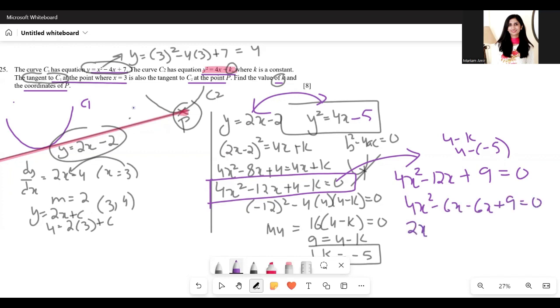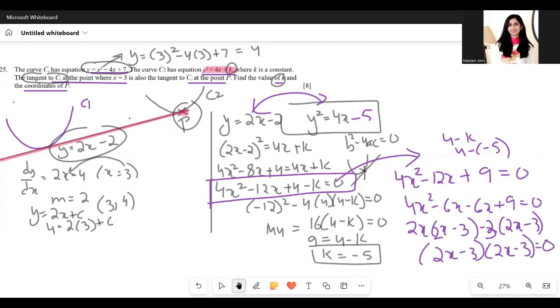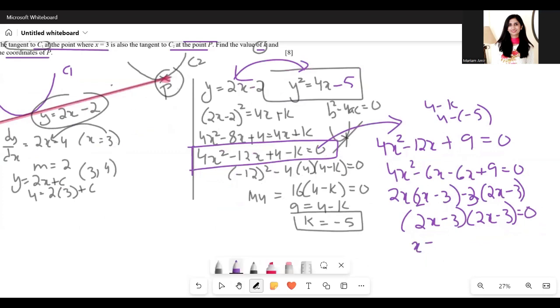So 2x is common: 2x(2x minus 3), and then negative 3 is common, and we get minus 3(2x minus 3). So in both the brackets, we're getting 2x minus 3. So a repeated root, which makes sense since it's a case of tangent. So x is coming out to be 3 over 2.